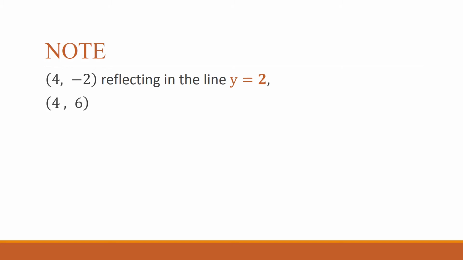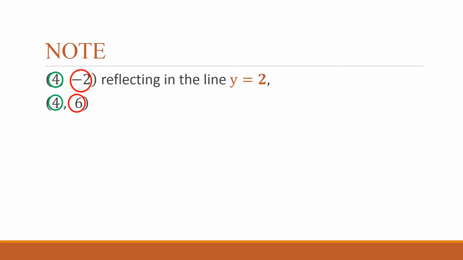Now let's take note. Remember, the first point we plotted on the graph was (4, -2), and we're reflecting this point in the line y equals 2, and that produced the image point (4, 6). You can see that the x coordinate remained the same, and the only thing that changed was the y coordinate, from -2 to +6.